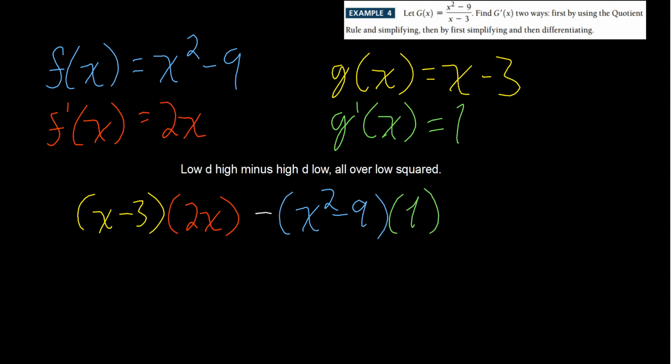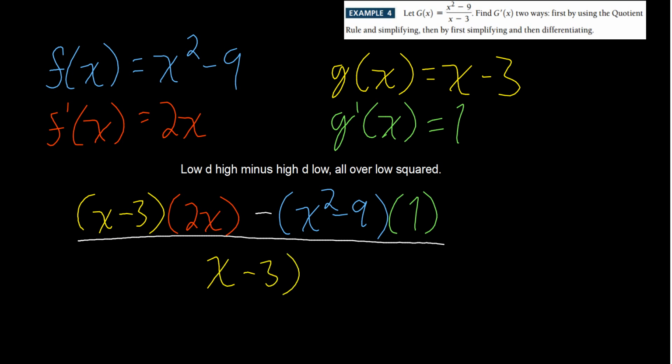A little redundant, but we're going to put that anyways. And that is all over low squared, which is x minus 3 squared.